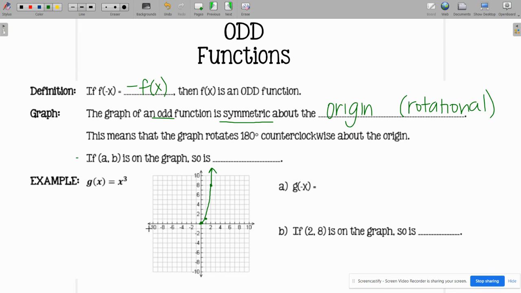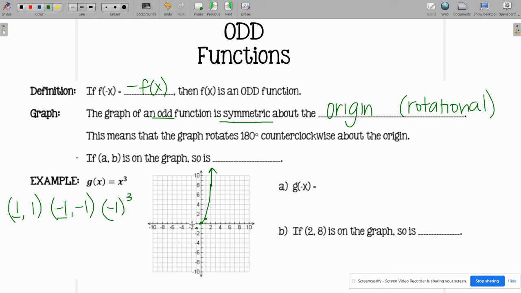But what if I plug in negatives? Negative 1 cubed: negative 1 times negative 1 is 1, times negative 1 again is negative 1. So I get an output of negative 1. Compare that: when I plugged in 1, I got 1, but when I plugged in negative 1, I got negative 1.